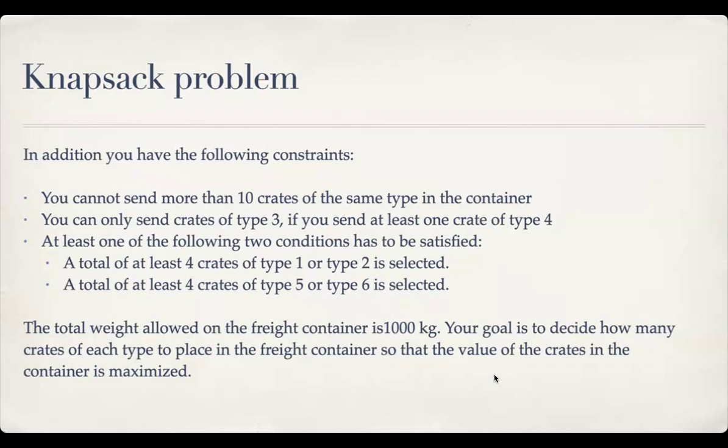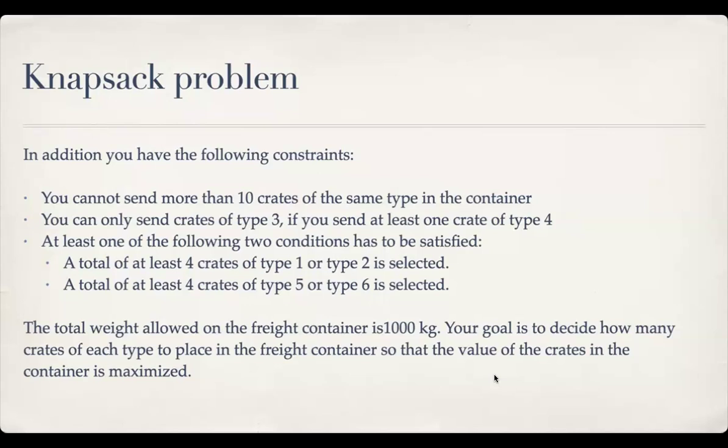You ship type 1 and type 2, 4 crates of them, or you ship type 5 and type 6 for 4 crates. You can do both, but at least one of these must be satisfied.